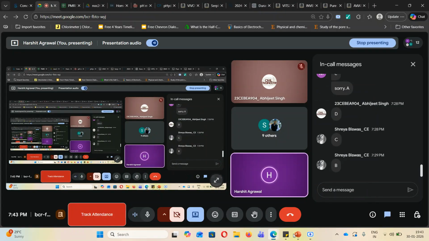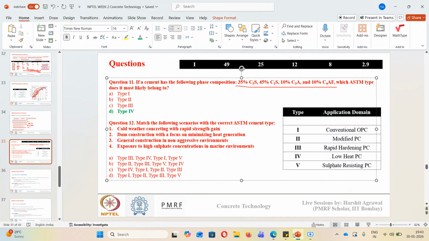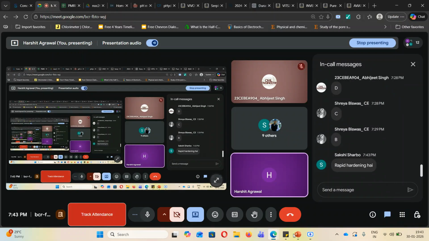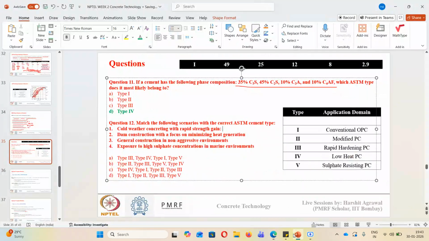Can anyone tell me? Yes, rapid hardening cement. So that is ASTM type 3.